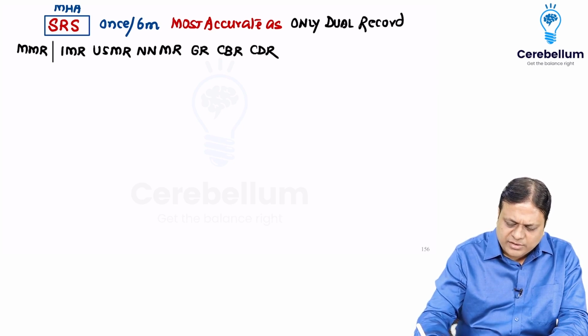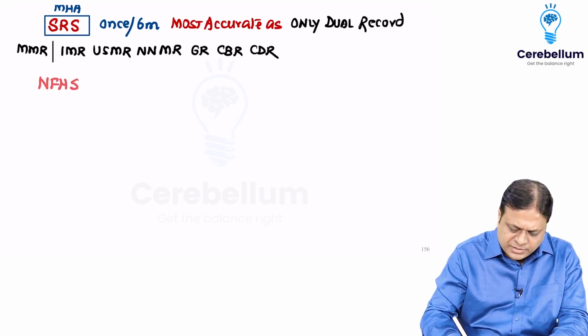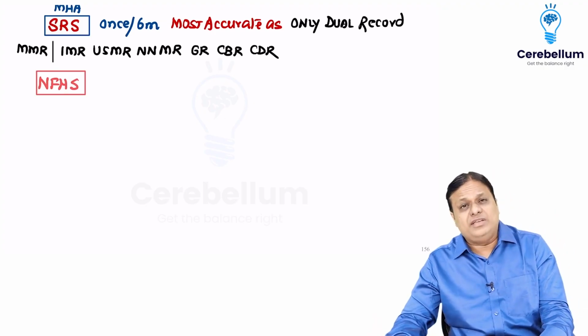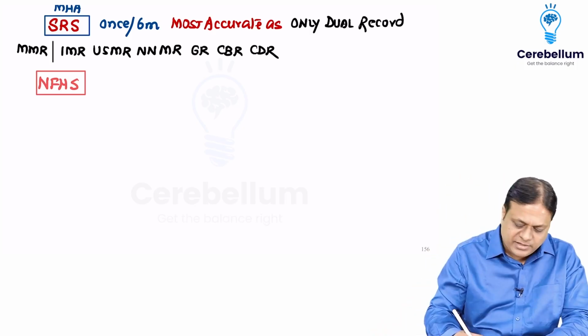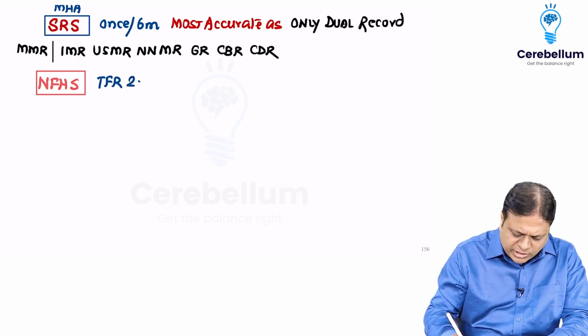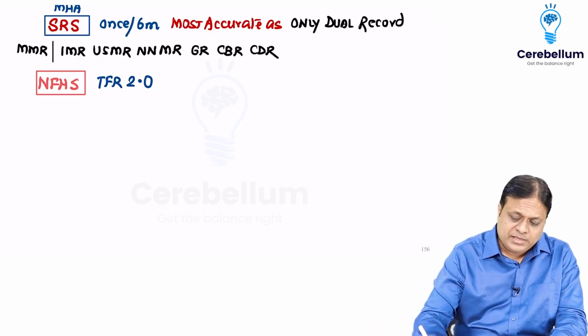We also have National Family Health Survey, which is undertaken once every 5 years. National Family Health Survey 5, 2019 to 21, has been completed, which mentions that we have attained a total fertility level of 2 TFR rate.